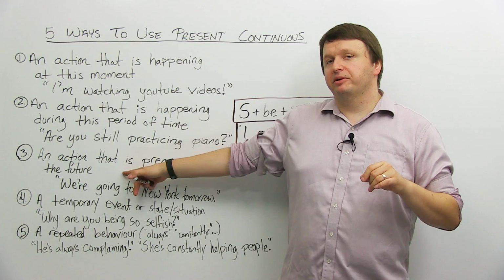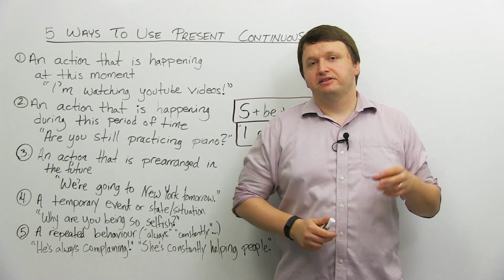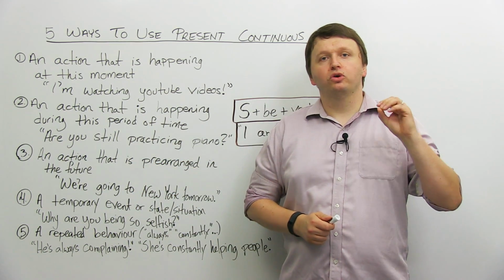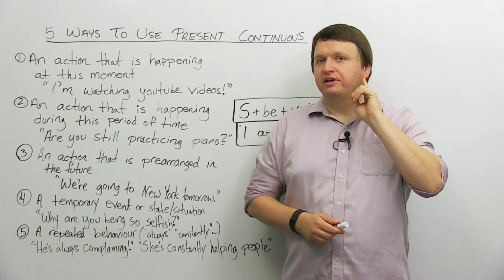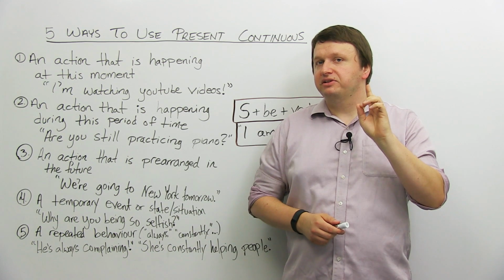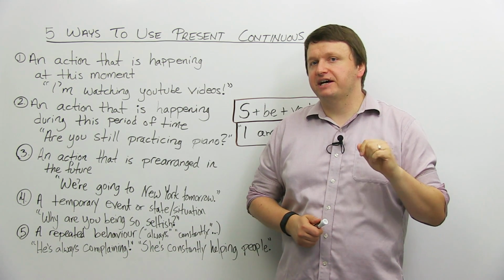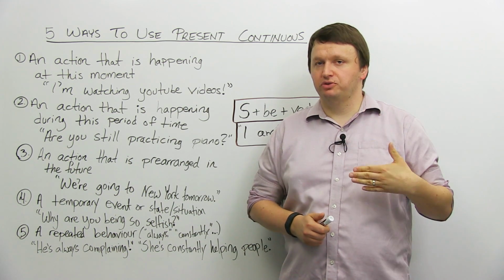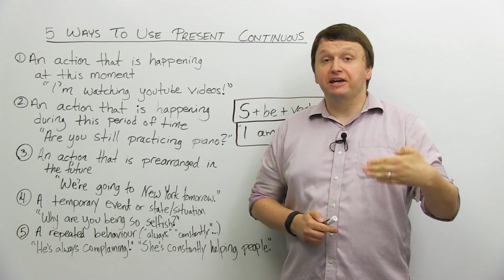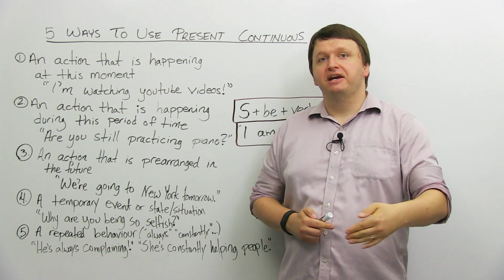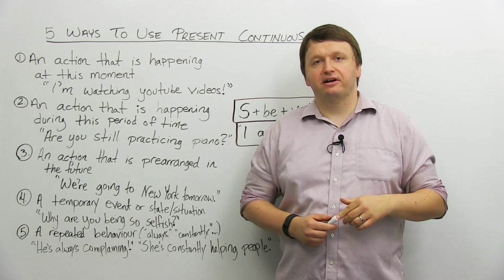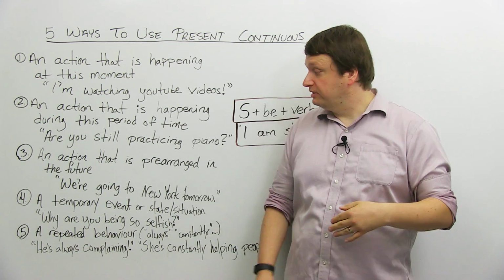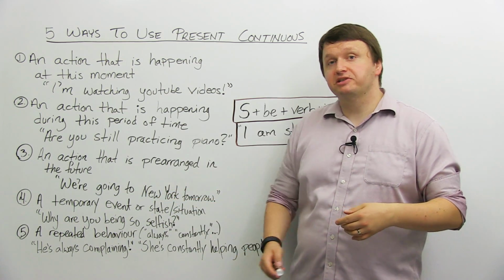One thing about number 3 is depending on who your grammar teacher is, you might hear sometimes you only use the present continuous if it's an action that is happening in the near future. This is incorrect, okay? You can use the present continuous to talk about actions that are definitely in the near future, like we're going to New York tomorrow.